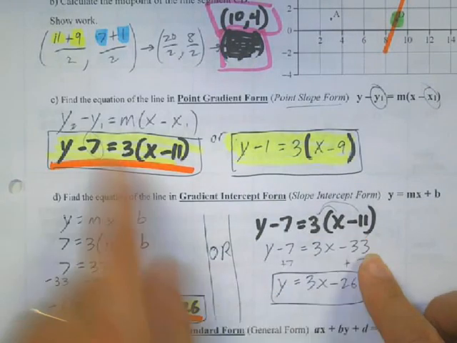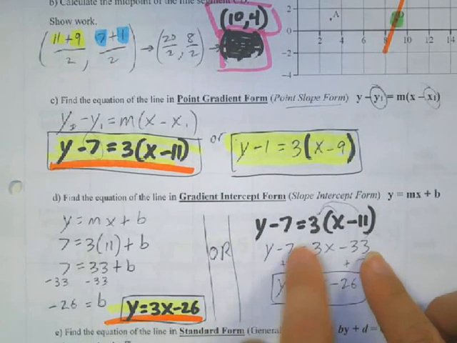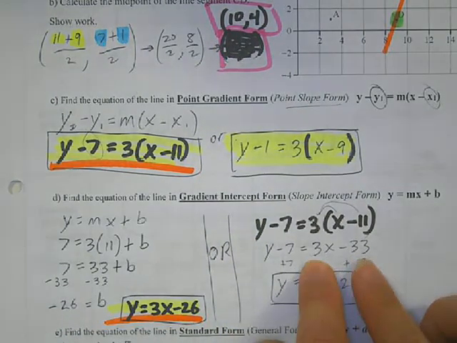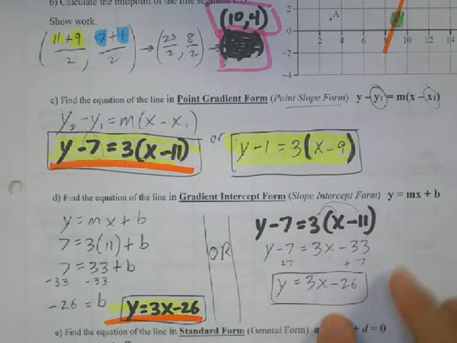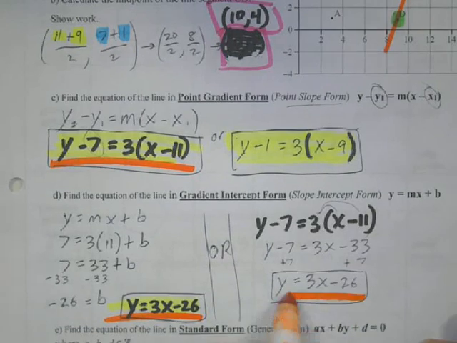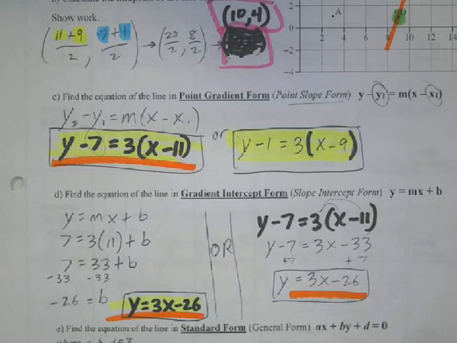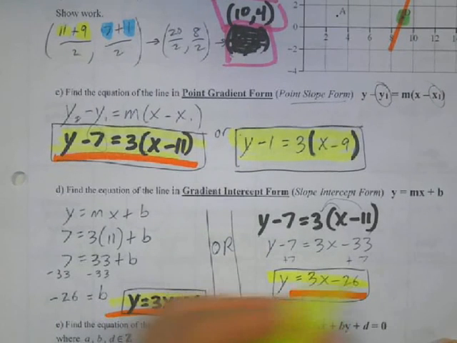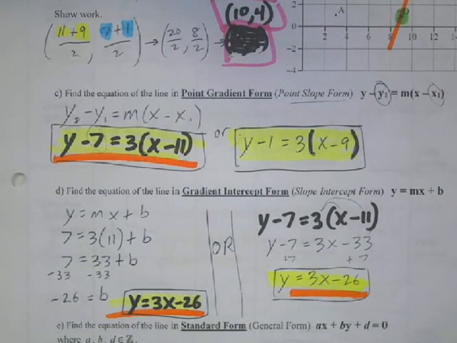I could use either of these equations. After I do distributive property with a 3, I get 3x minus 33. And then after adding 7 on both sides, I get this answer. So as I said, both are correct. Both answers are correct. It doesn't matter which way you do it.